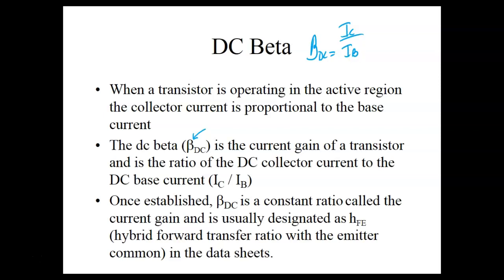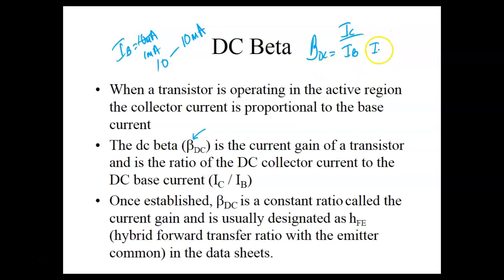So if I know beta, then I can say, okay, if I've got a beta of 10, that means if my base current is equal to 1 milliamp, then my collector current would be equal to 10 milliamps. So all it is, is a multiplier or a divider.